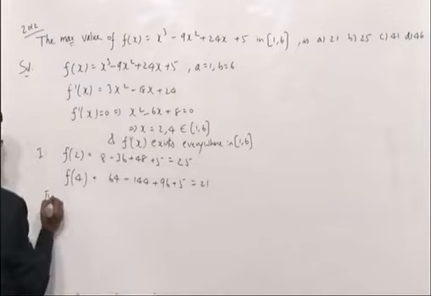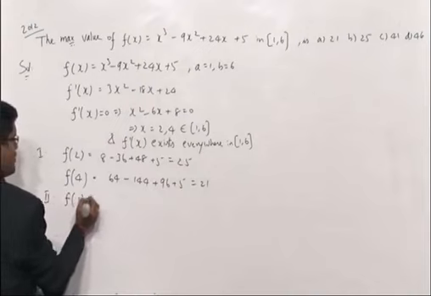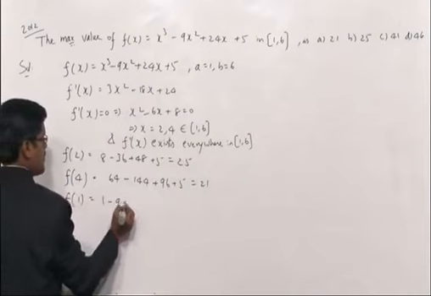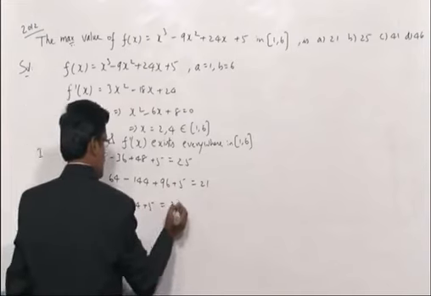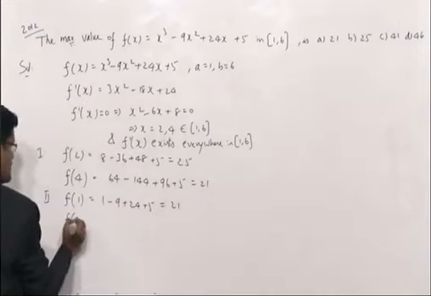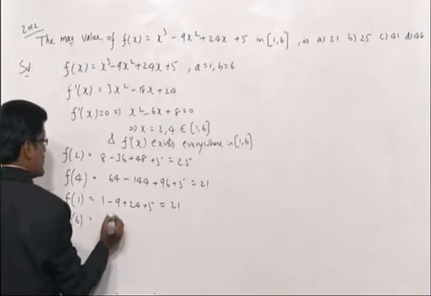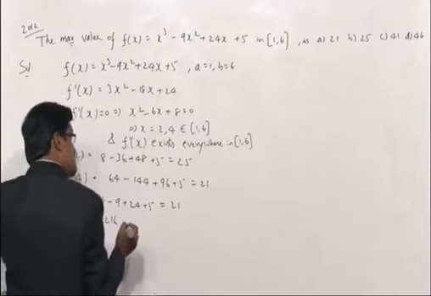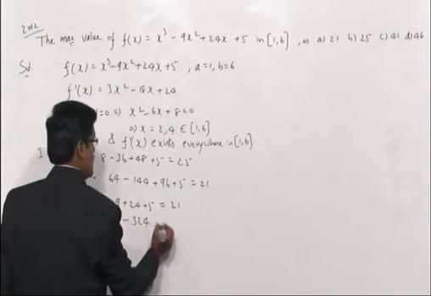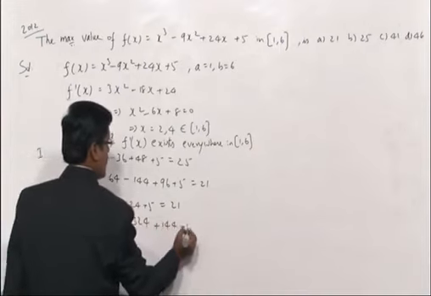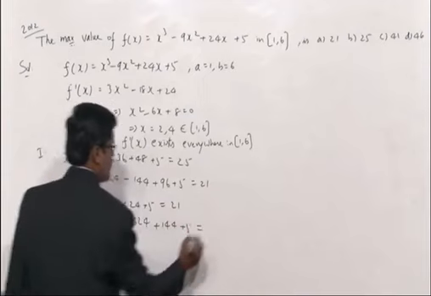What is step 2? Evaluate f(a) and f(b). f(1) = 1 minus 9 plus 24 plus 5, which gives 21. f(6): 6 cube is 216, 9 into 36 is 324, and 144 plus 5, so this simplifies to 41.